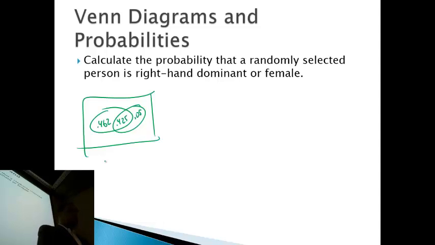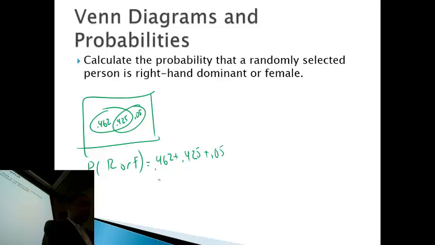So according to this chart, the probability of being right-handed or female is equal to just the sum of all the partitions. I think it's 0.937.